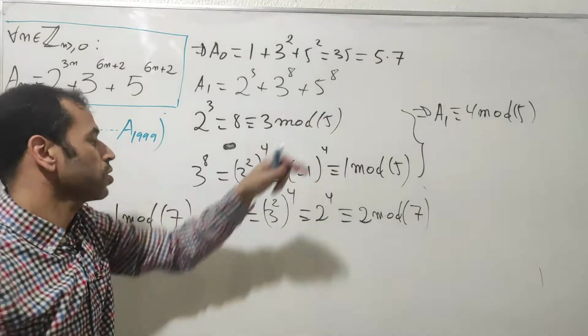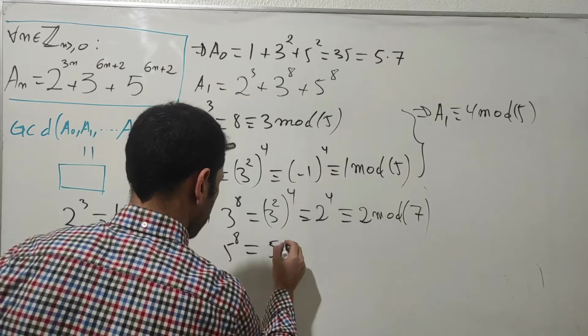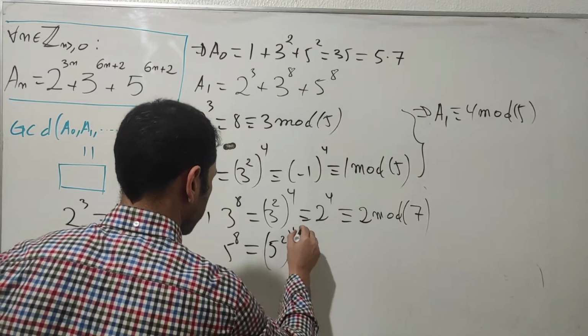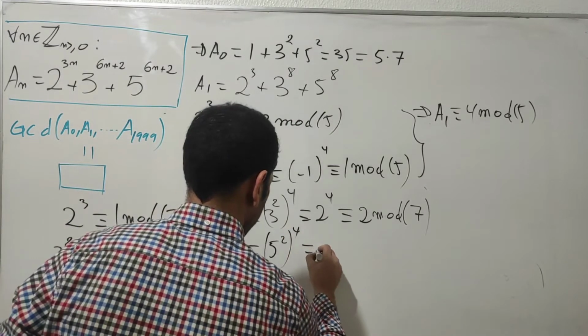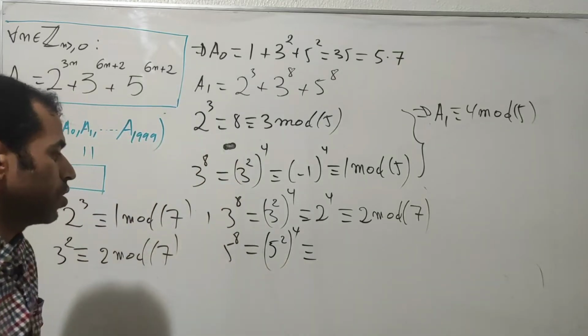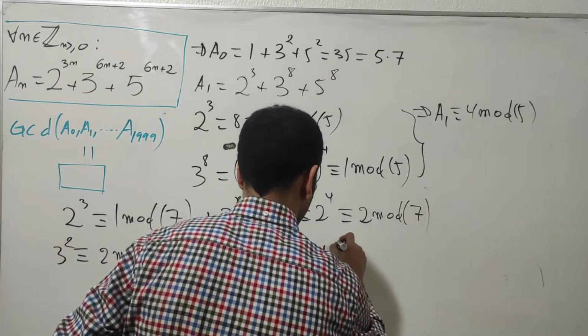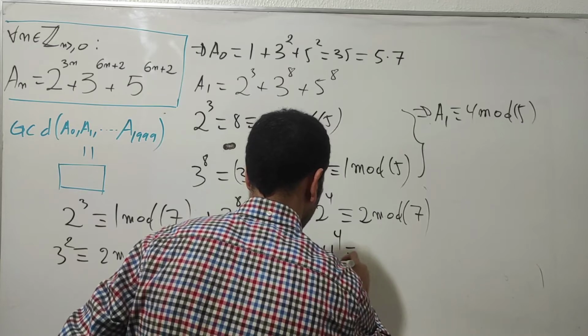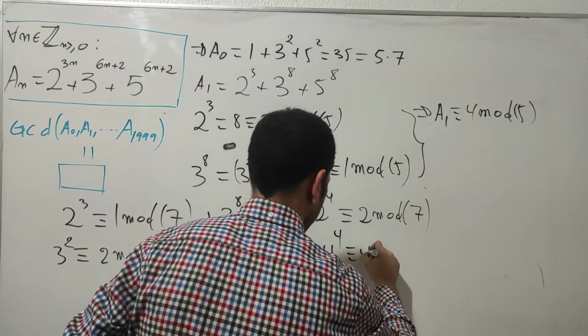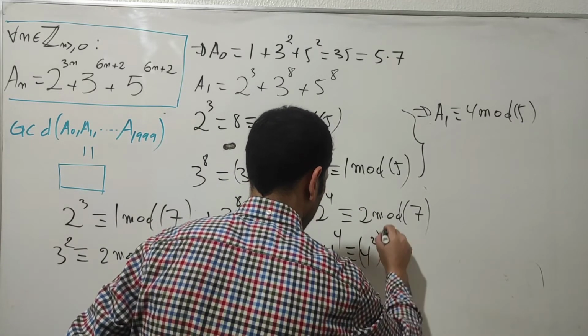Let's try the last one, 5 to the 8 as 5 squared, all raised to the 4. You know 5 squared gives a remainder 4, all raised to the 4. We know 4 to the 4 is the same as 4 squared, all raised to the number 2.